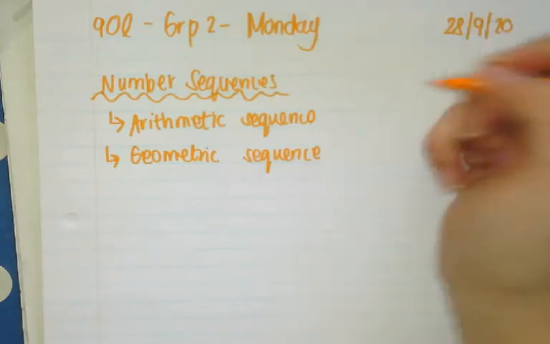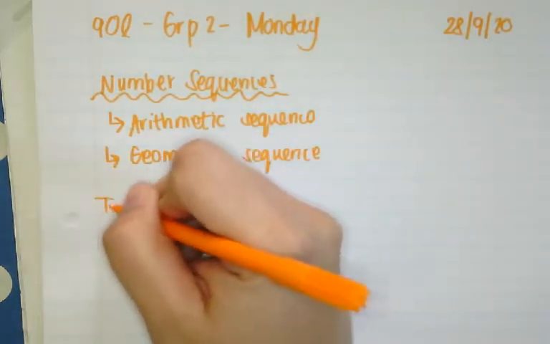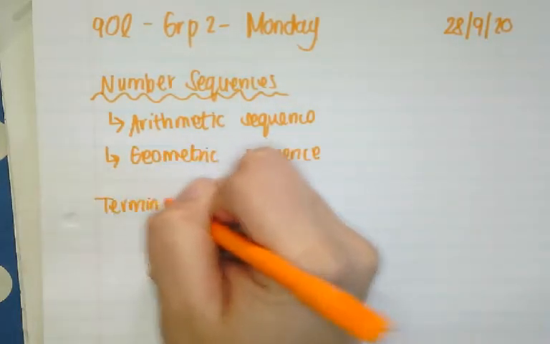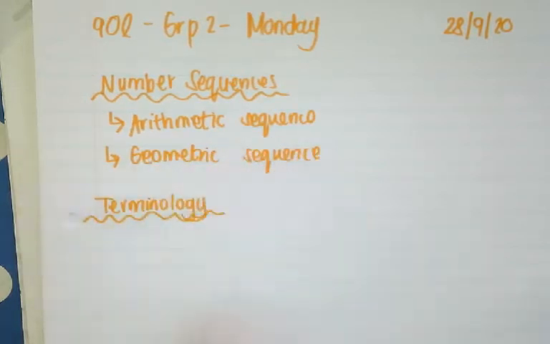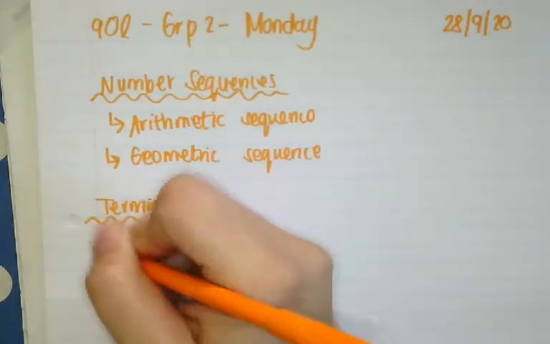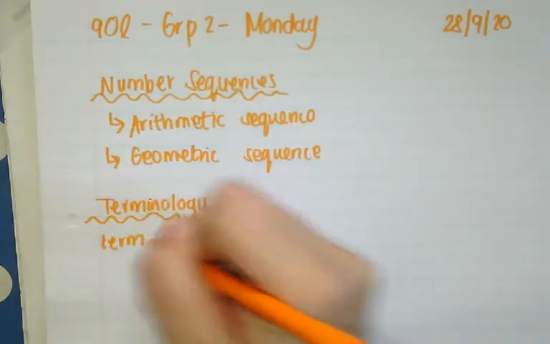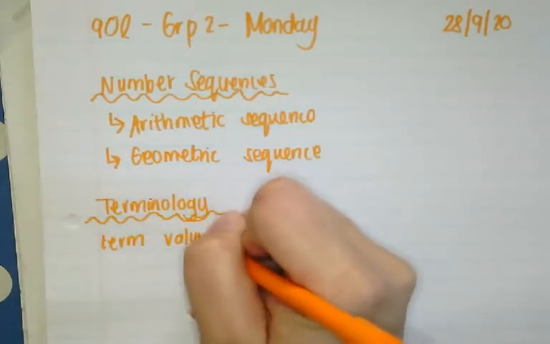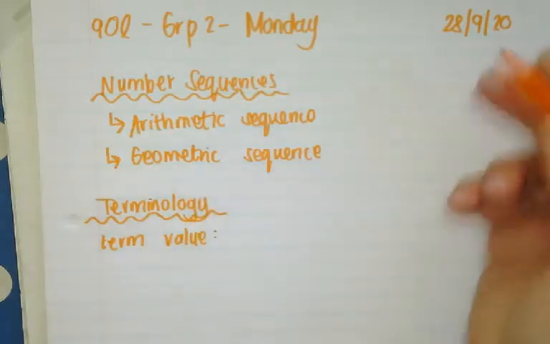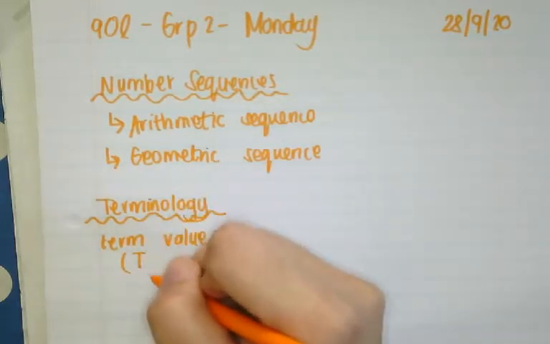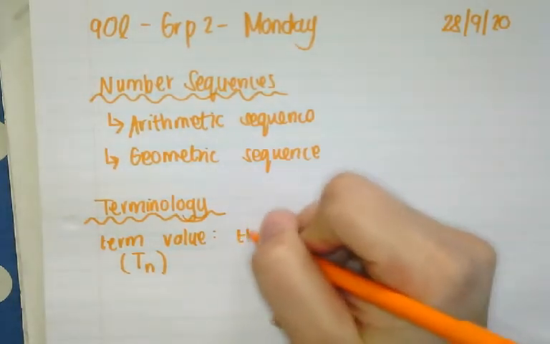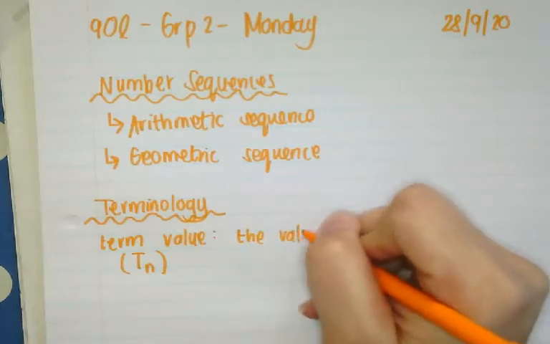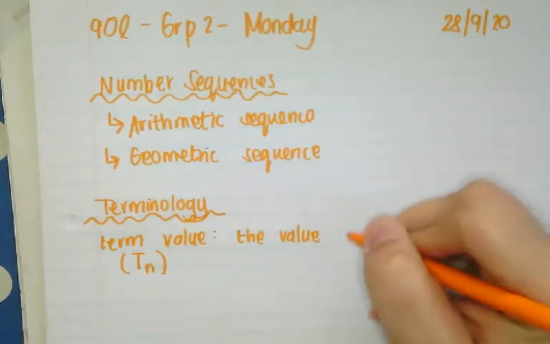So we're just going to start with some terminology, just to recap what all these things mean as we hear them. We are going to talk about a term value, and this is referring to the T with the little n at the bottom. And this is always the value of the actual number at that position.